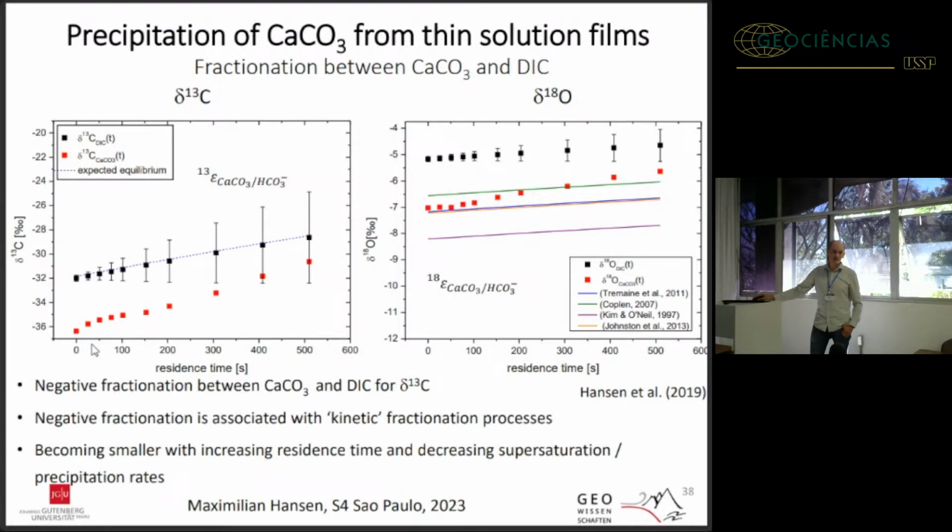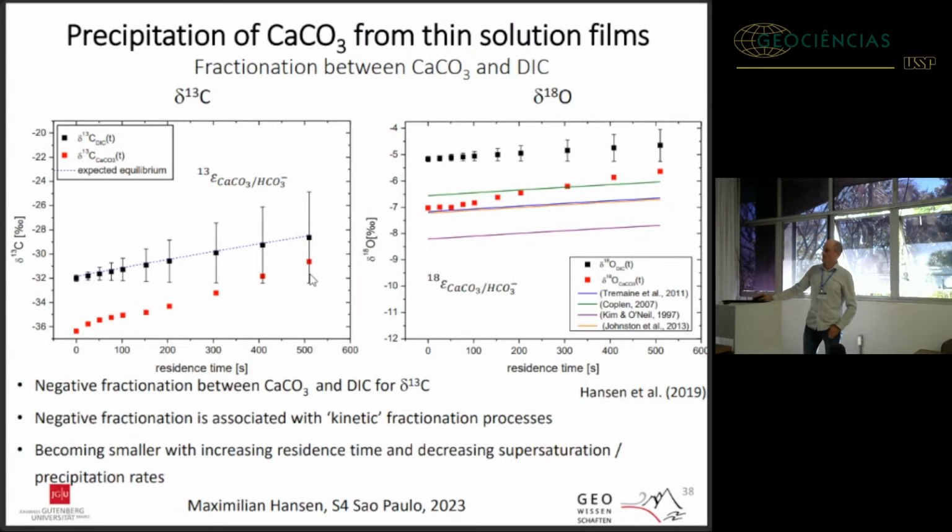But with decreasing supersaturation and increasing residence time, the fractionation becomes smaller, approaching the expected equilibrium values. So even if you take into account the large error bars over here, because the only value which is really measured is the first one, and the other ones are calculated, and we did an error propagation to be the most conservative way you could do it.